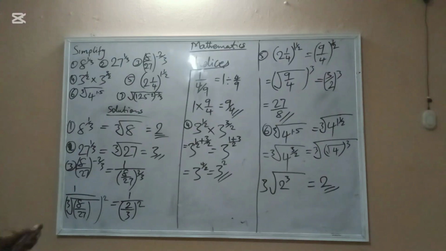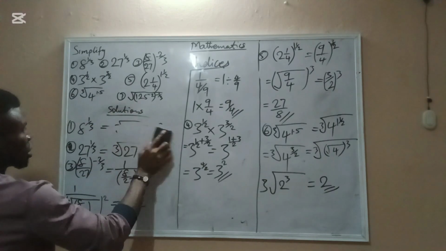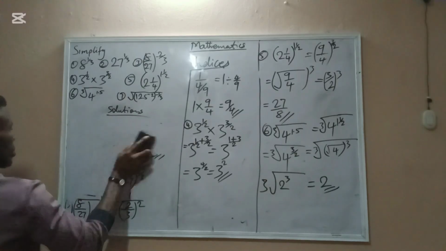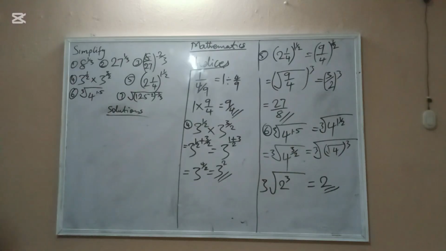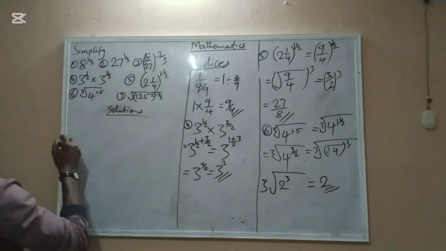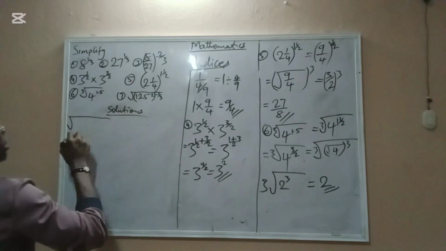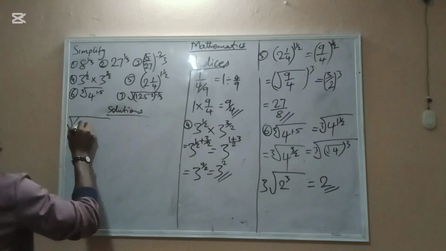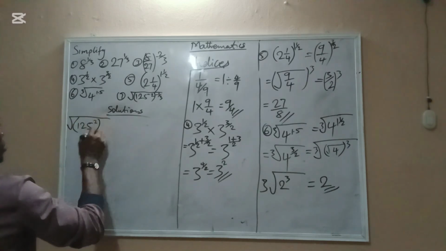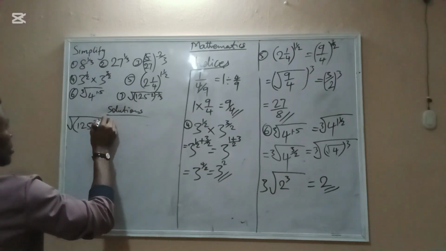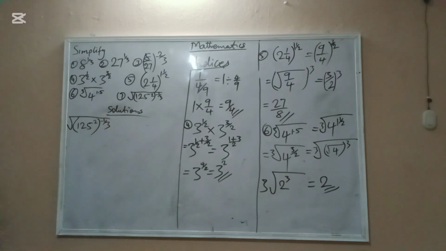Then the last one there, which is this one. And the last one there is square root of bracket 125 raised to the power minus 1 over 3.